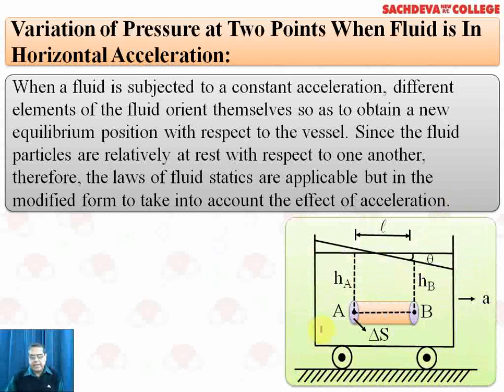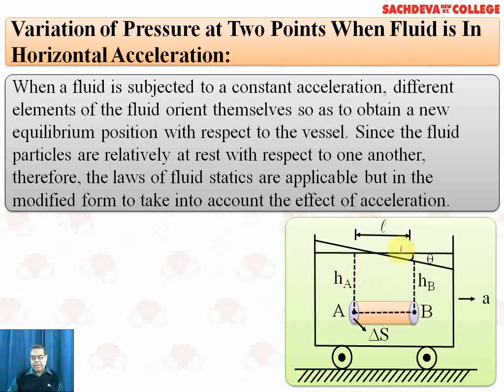Now we are finding here in the given figure a container, a movable container on the surface. Why have we taken a movable container? To understand the acceleration. In the fluid, we have taken 2 points.